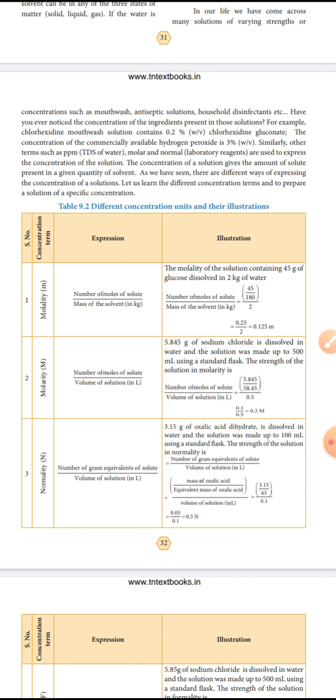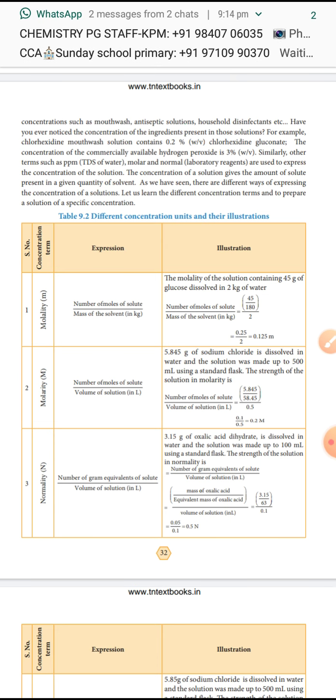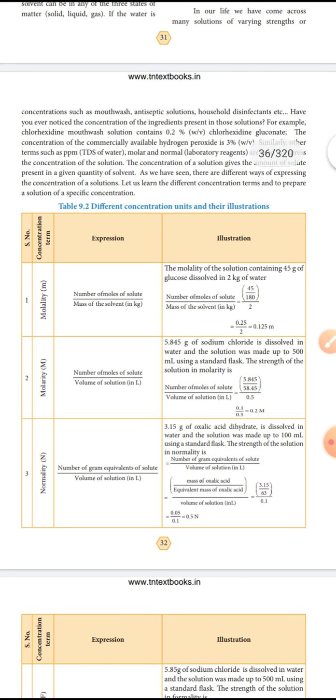The formula is number of moles of solute divided by mass of the solvent. The solute here is glucose. Glucose formula is C6H12O6, molecular mass is 180. So 45 divided by 180, divided by 2 kg.